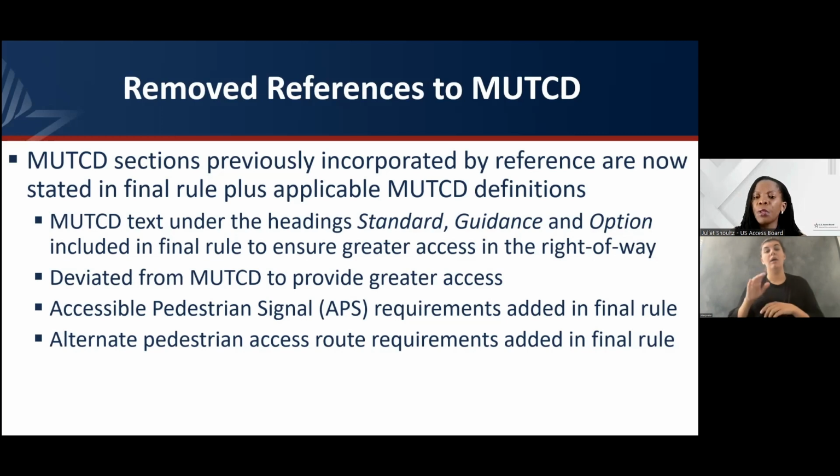The board will look to create a guidance document that compares the NPRM, previously referenced MUTCD language to the text in the final rule. You'll notice that requirements that we had referenced on APS, accessible pedestrian signals, are also now in the final rule, as well as requirements and technical specifications for alternate pedestrian access routes.